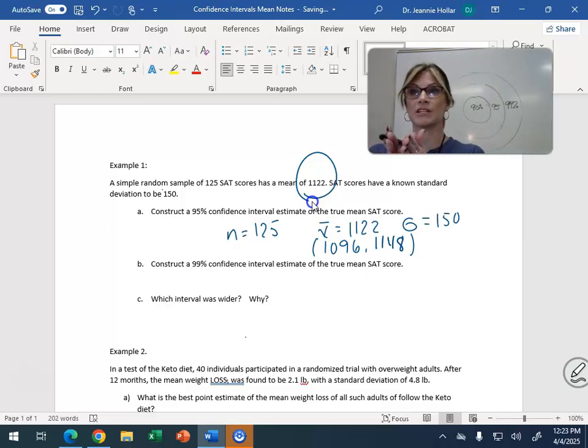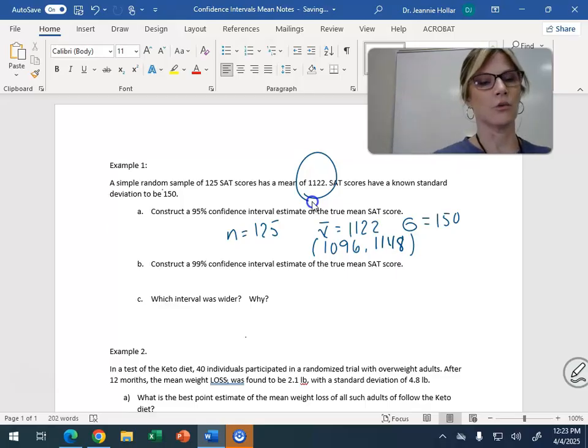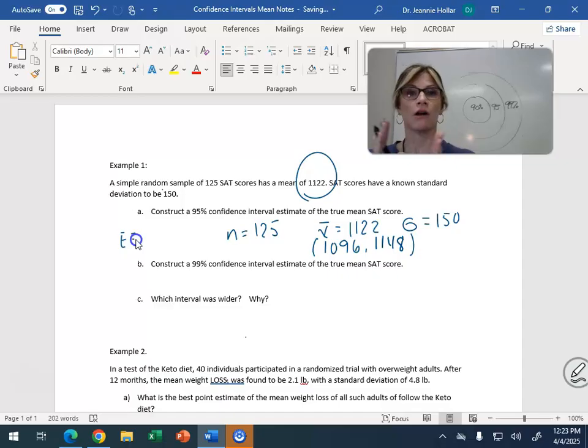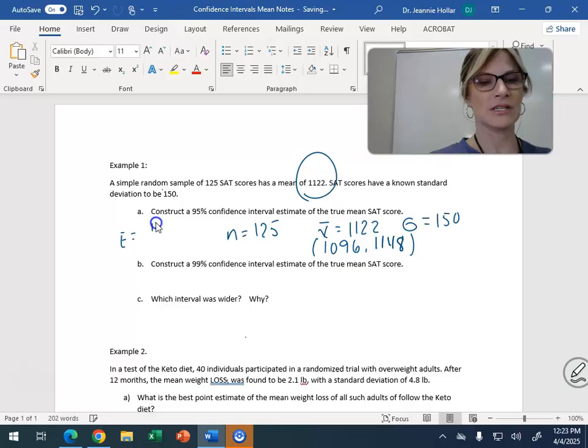The mean is our best point estimate. If you want to know what your margin of error was, your margin of error is like how far off you are from either side. So if I were figuring out my margin of error, I would say 1148 minus 1122.